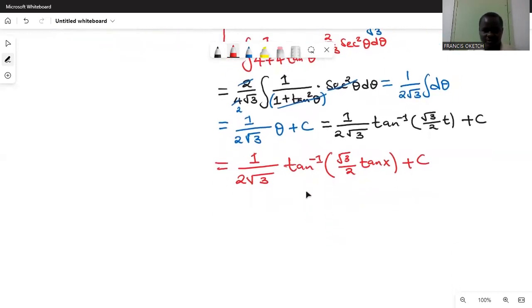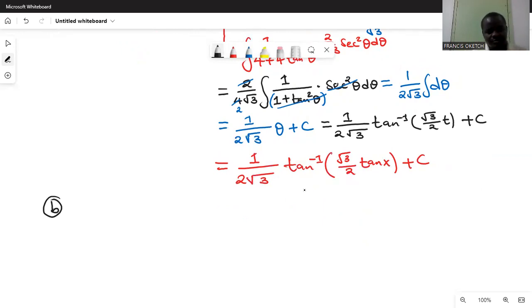So I'm going to give you another example, part B, but this will be your exercise. Let me give you the hint. If I give you the hint, let me write down part B. Part B, you are asked to evaluate this integral.